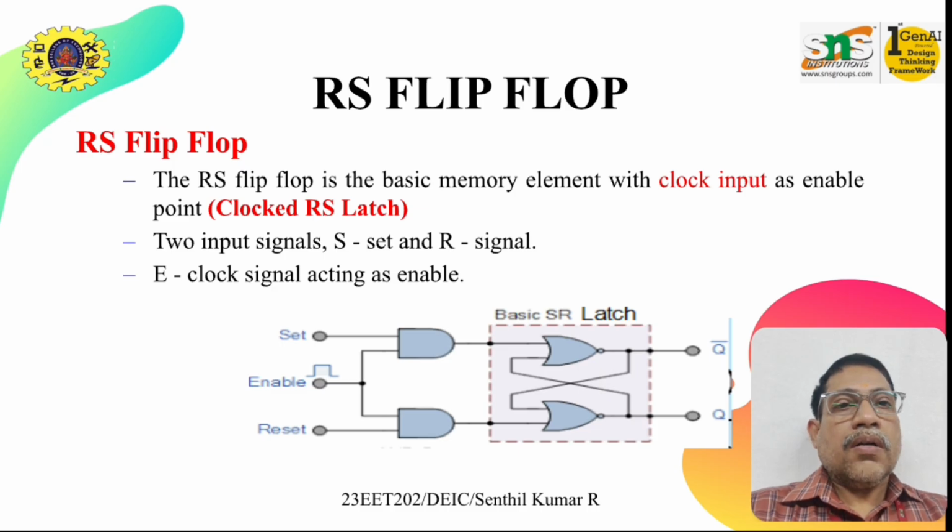The circuit operates depending on the clock pulse frequency, and for our discussion, when the clock is 1, it means enable. The remaining truth table is almost similar to the SR latch.